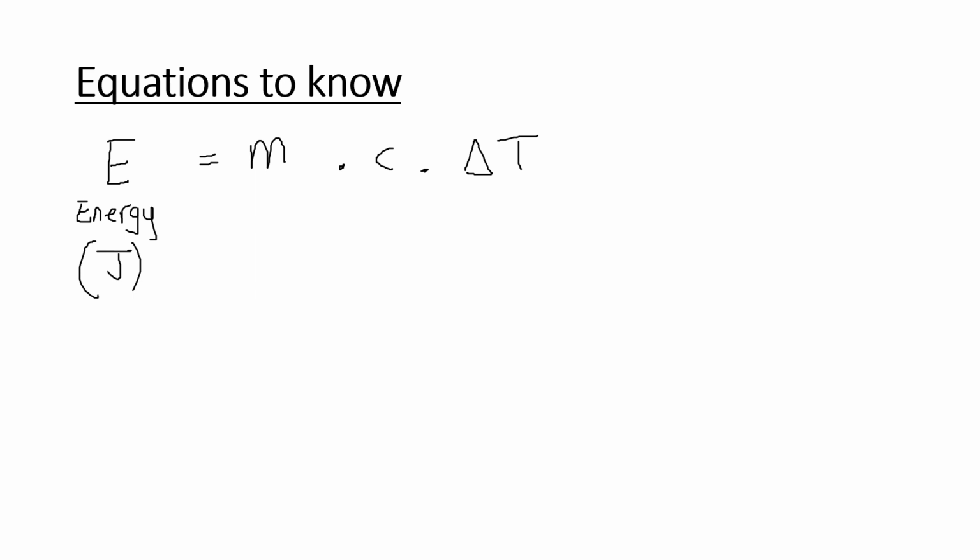So m stands for the mass of the water that the thermometer is in. The thermometer will be in the vessel and it's the mass of the water, and it's measured in grams. Delta T is the temperature change. To calculate the temperature change, you need to know the initial temperature and you need to know the final temperature. Now the temperature change is technically in Kelvin.